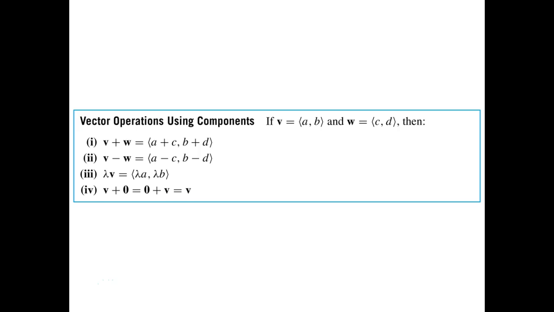And then one final vector operation using the good old meaningless, almost zero vector, but you do have to have it. V plus the zero vector. V is A, B. The zero vector is 0, 0, so this would be A plus 0, comma, B plus 0, which would be A, B, which is the same as V. Or you could add the zero vector, 0, 0, plus the vector A, B, 0 plus A, comma, 0 plus B, you got the same thing.